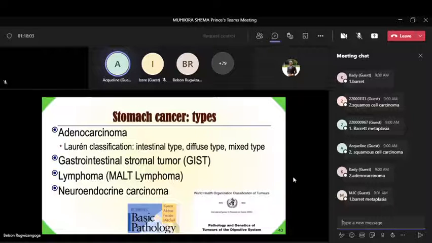I want that you repeat the connection between the perforated gastric ulcer and the symptoms that the patient had, like having no gases, having no vomiting, and the anorexia, the connection between the two.